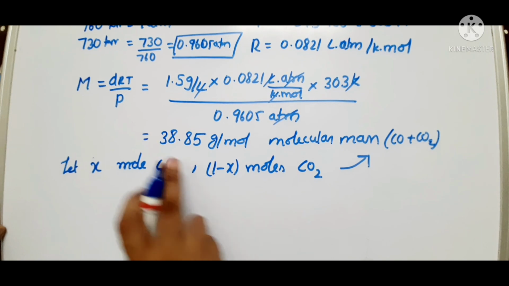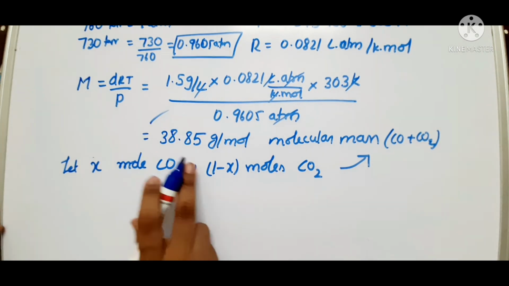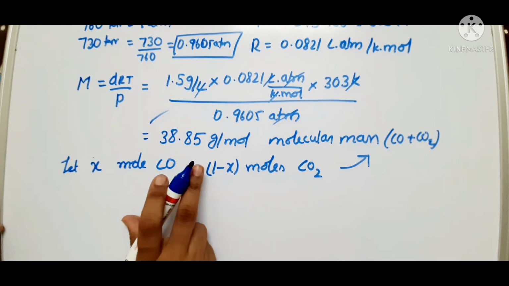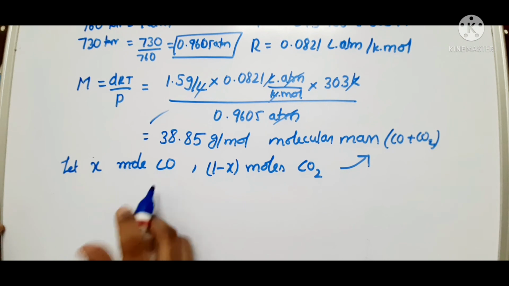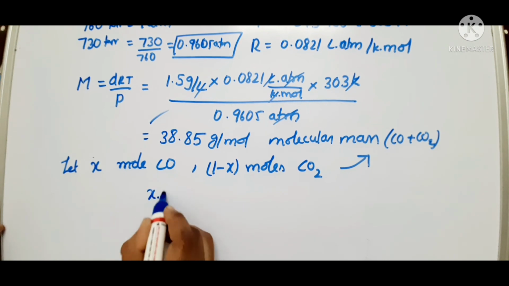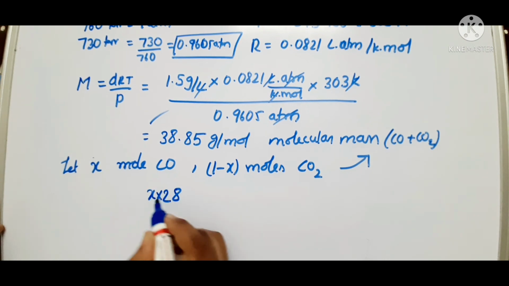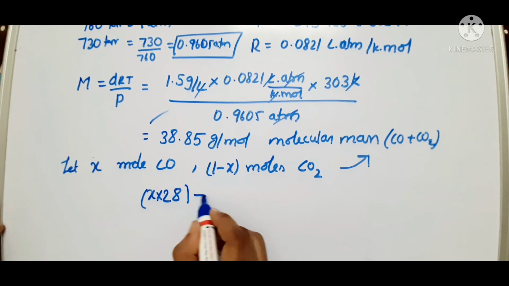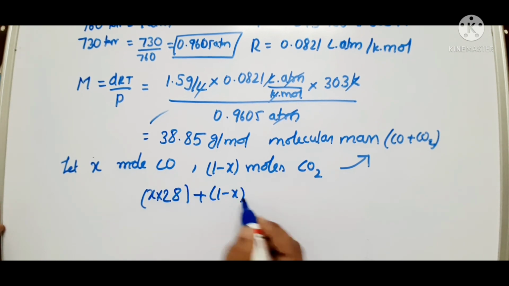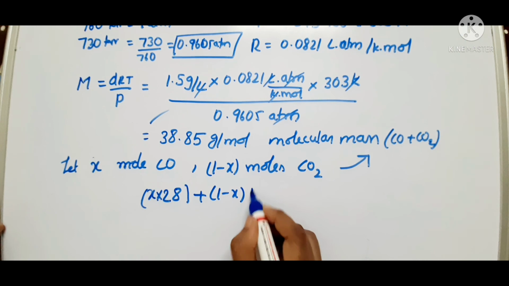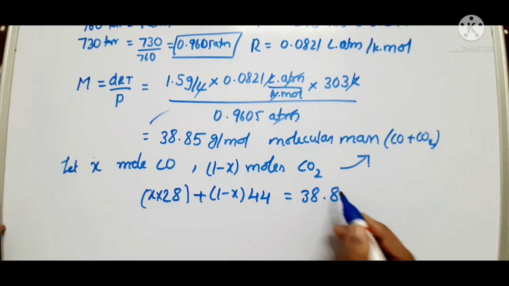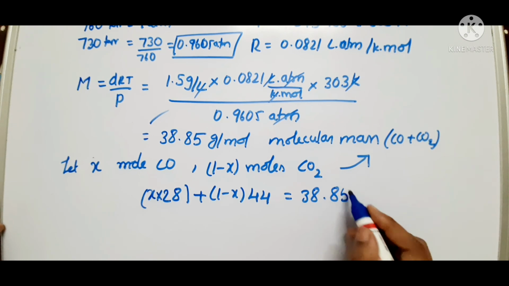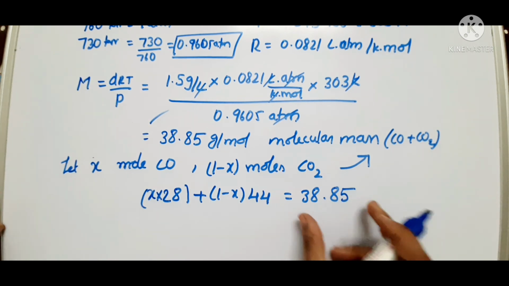Then what is the average molecular mass here? 38.85. The CO molecular mass is 28, so X into 28 plus 1 minus X into the CO2 molecular mass, 44, is always equal to 38.85.